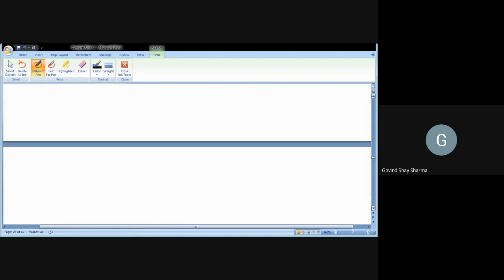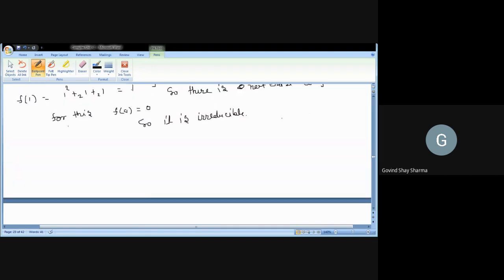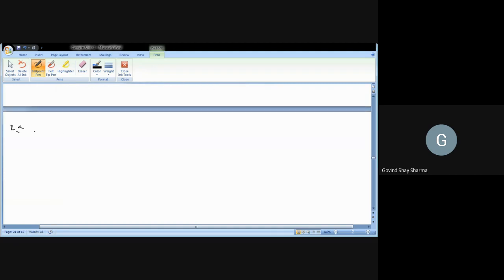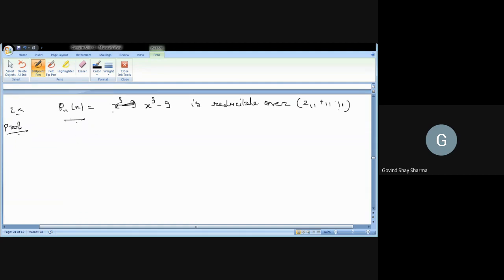Now we do a question on reducible polynomials. How to find out whether a polynomial is reducible? Show that x cube plus 11 minus 9 is reducible over Z11.